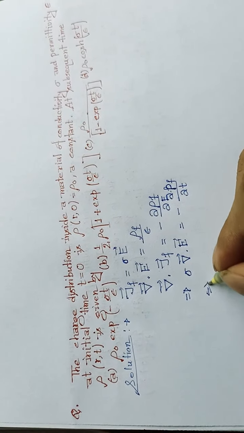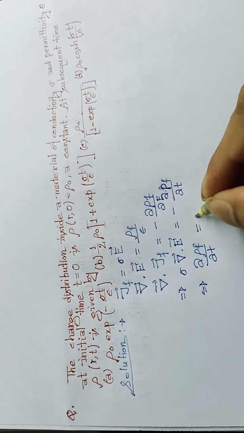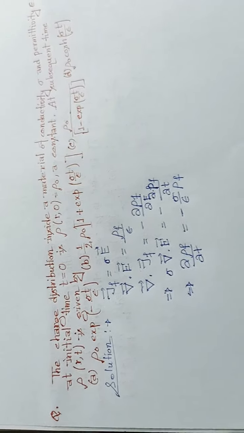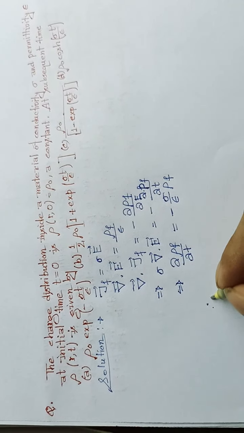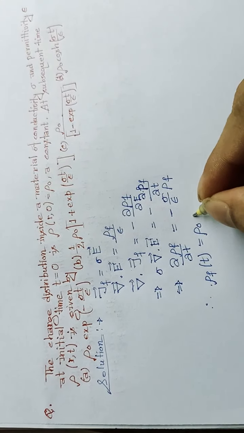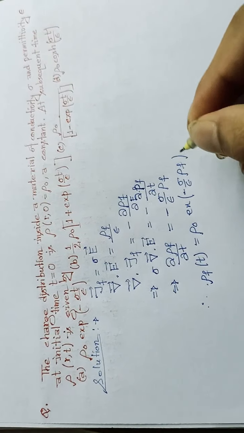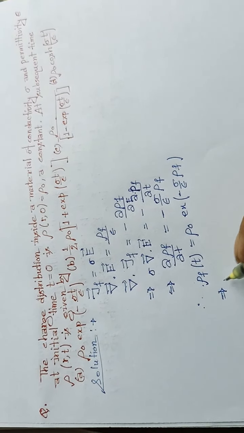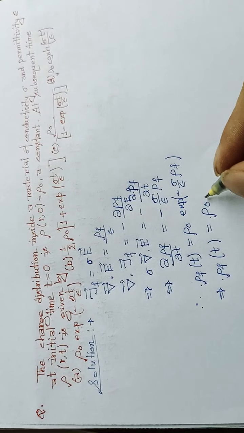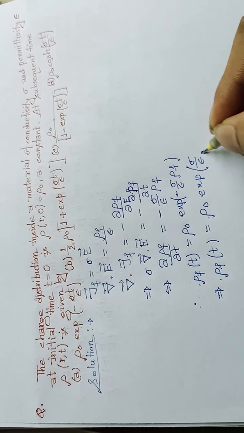This implies del rho_f with respect to del t is equal to minus sigma divided by epsilon into rho_f. Therefore rho_f of t is equal to rho naught exponential minus sigma divided by epsilon into t.